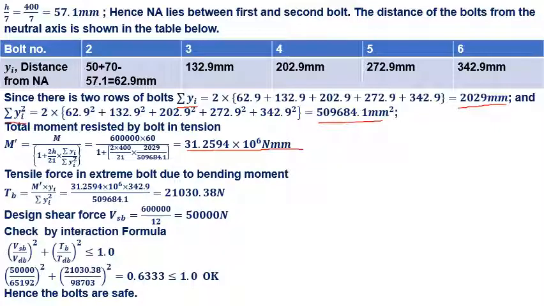This comes out to be 0.633, which is less than 1.0, hence the bolts are safe. You may perform this exercise, and in the next lecture we will take up more connections.